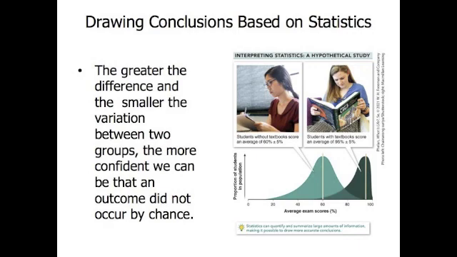The difference between two groups, for example 95% versus 60%, is greater than the difference between 81% versus 76%. And the smaller the variation in each group, plus or minus 5% in the 95% and 60% groups versus plus or minus 8% and plus or minus 7% in the 81% and 76% groups, the more confident we are of the conclusion that there is a significant effect of the treatment.